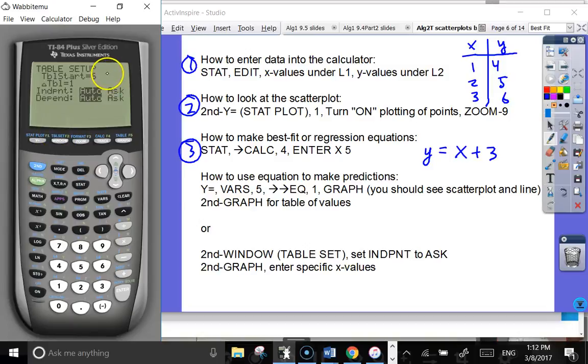If I wanted to know for 1,000, I could just set that to start at 1,000. Then when I go to the table of values, it's already there. Or another thing you could do, which is actually what I prefer to do, is go to the second table set, and then on the third line down where it says independent, set it to ask.